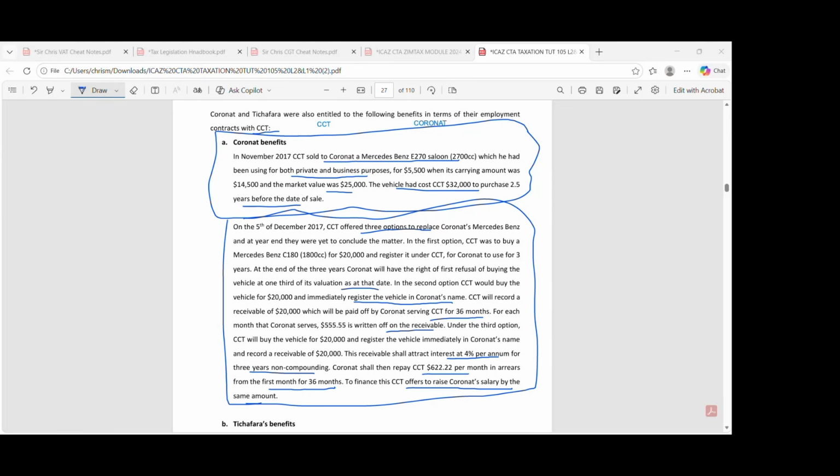So the most tax efficient way is to minimize the tax or maximize deductions. From colonat's perspective, we want to minimize income or increase deductions. But for CCT, the company, we want to maximize deductions.